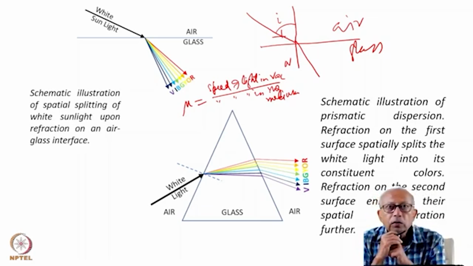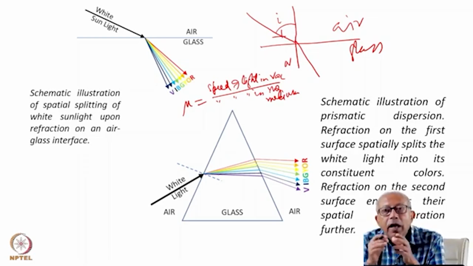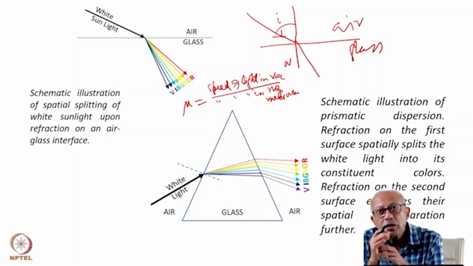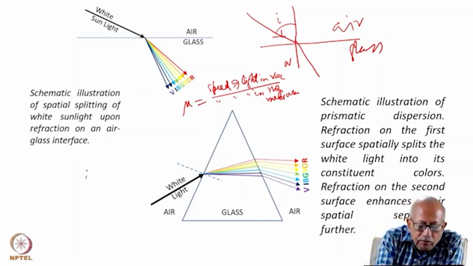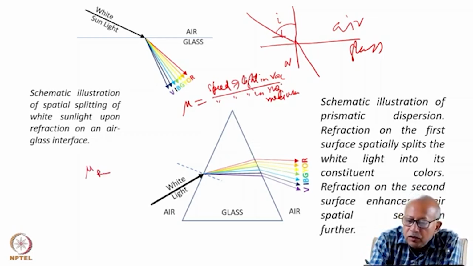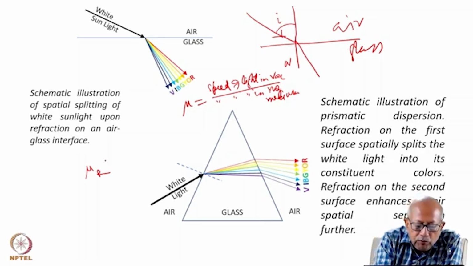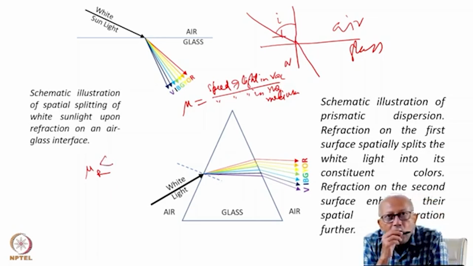Now it is known that red light travels a little faster and violet light is the slowest, and all other light speeds lie in between. So that means what? If red light speed is the highest, then mu of red will have the smallest ratio. So mu r is the smallest.